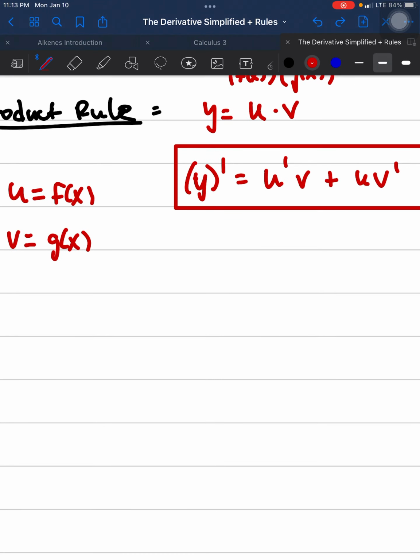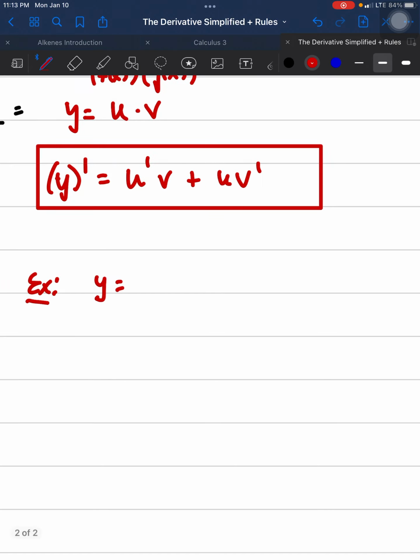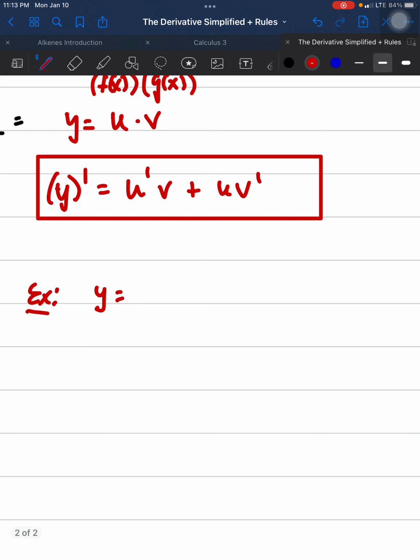And then a quick example of applying this rule is when, say, the function is y equals x squared times x cubed plus 2.